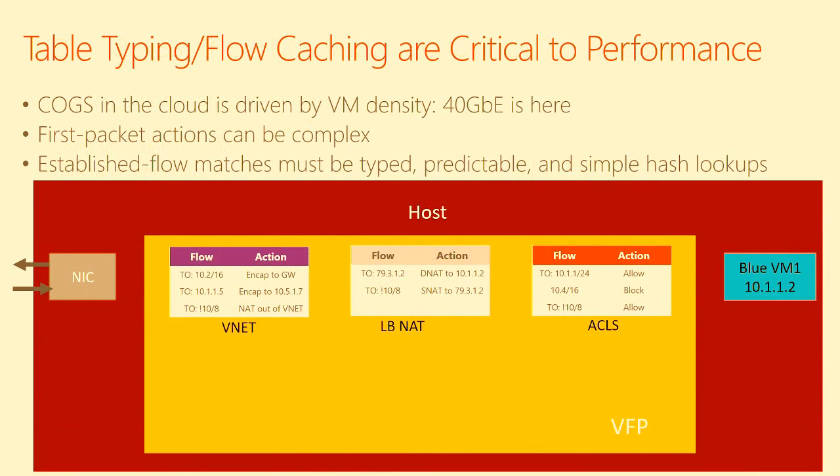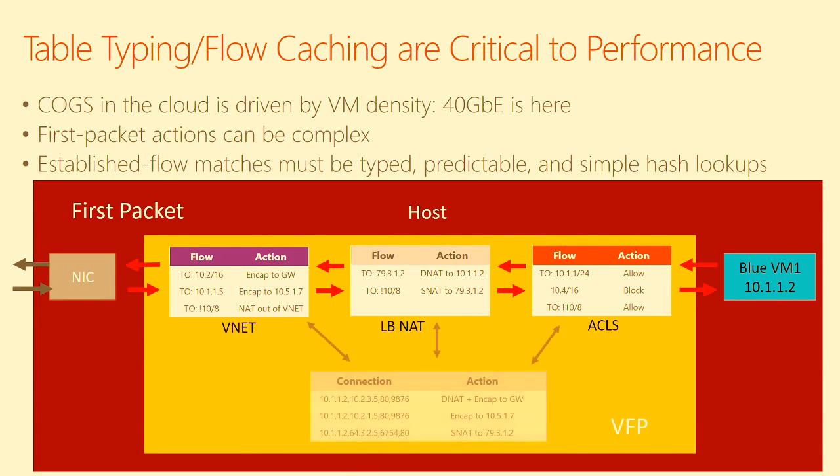Once these things are done, a typical traffic flow happens through these various tables, and it consults all these tables, and then gets the actual end result, and it creates another table so that subsequent packets from the same source and destination can consult this table and say, hey, I'm going to allow this traffic, or I'm going to do the VIP to DIP conversion, or I'm going to do the physical to virtual IP address changes. So all these things can happen. That's why it can scale very well. You don't have to consult the top table every time.